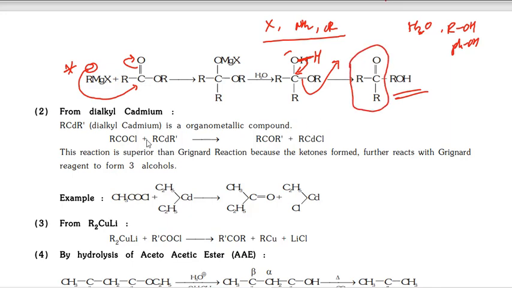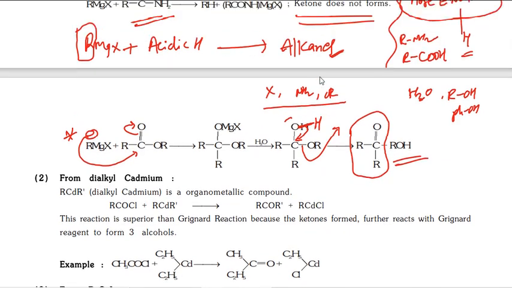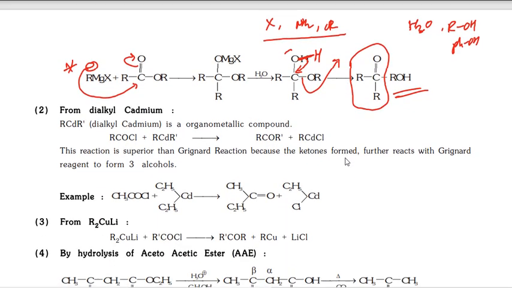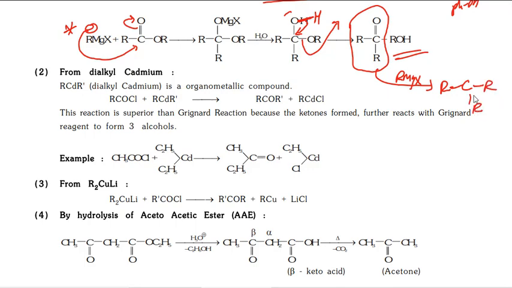Next, from dialkyl cadmium. It is similar to Grignard reagent. The problem is, in the case of Grignard reagent, you can see here we are getting ketones, right? This ketone may further react with RMgX and form tertiary alcohols.